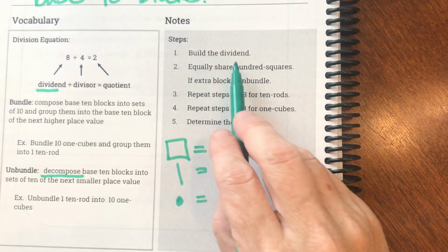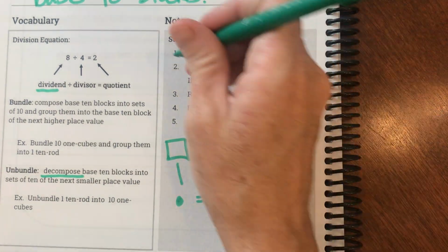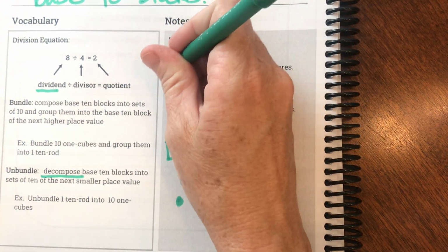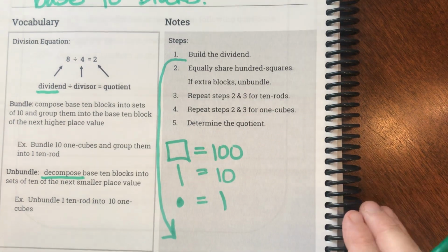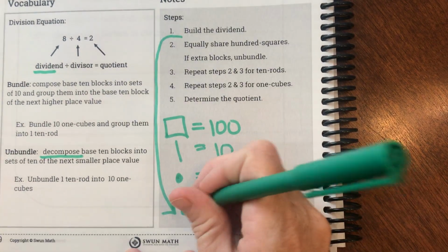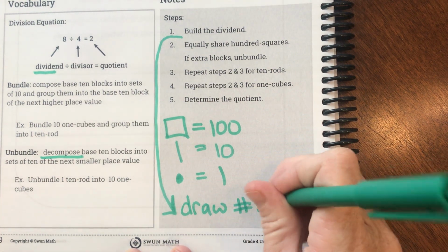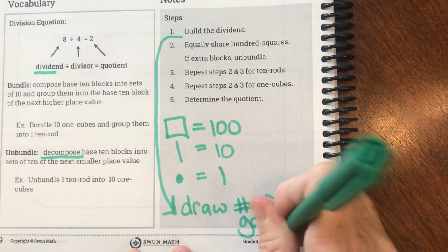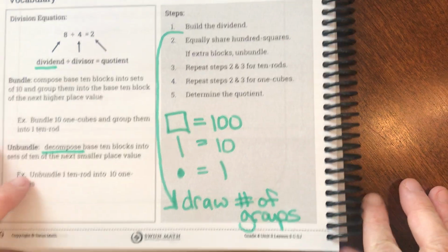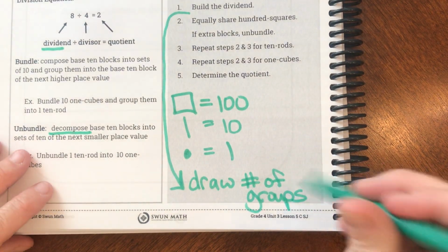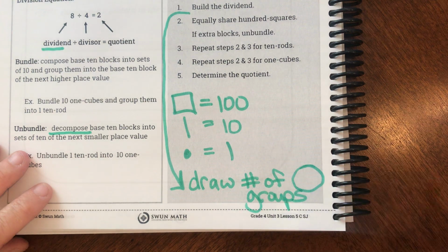Okay, then they're kind of missing a step here, so I'm going to draw a step here. Before we go into step 2, we're going to draw the number of groups. So after we build the dividend, we're going to draw how many groups, and we're going to draw them by just putting circles.